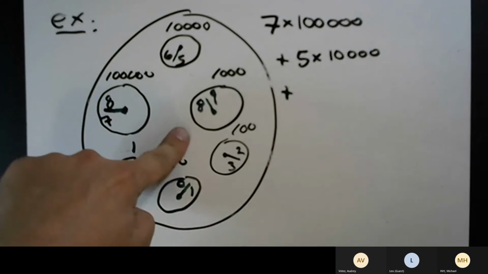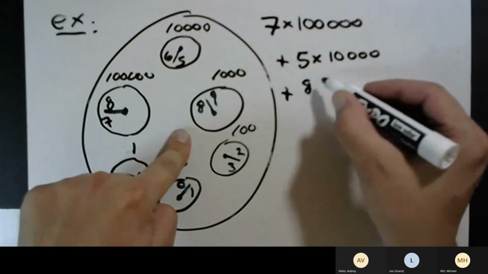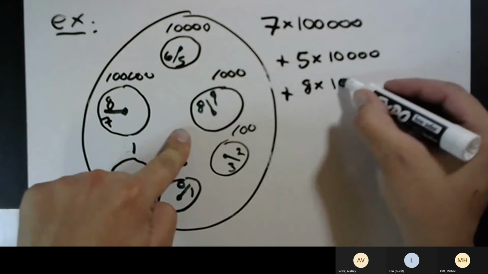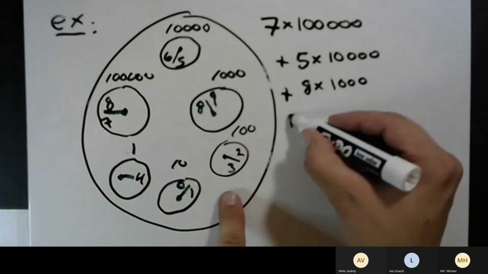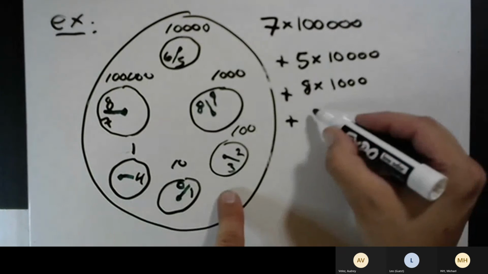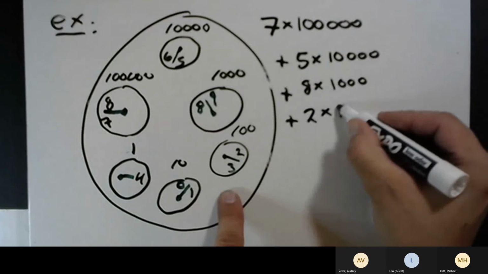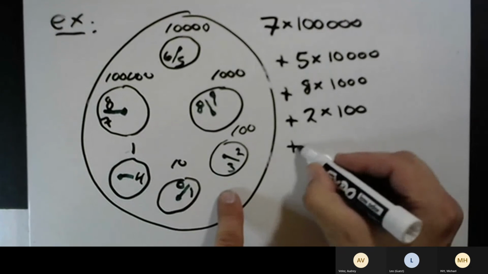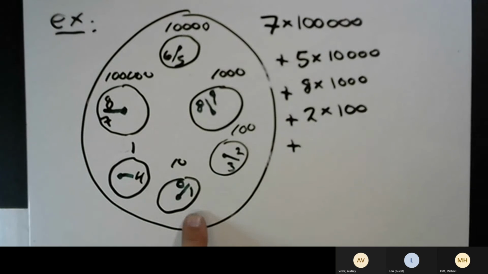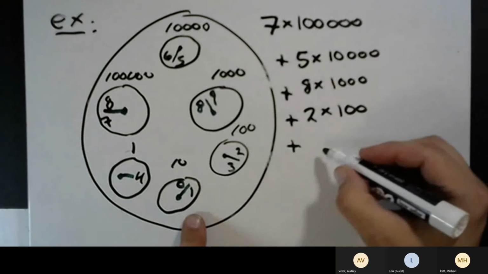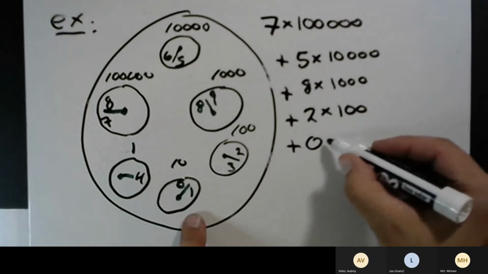For the 1,000, we're between the 8 and the 9. For the 100, we're between the 2 and the 3. So again, we're going to go with the smaller number. Now for the 10, we're between the 0 and the 1. So we're going to go with 0.